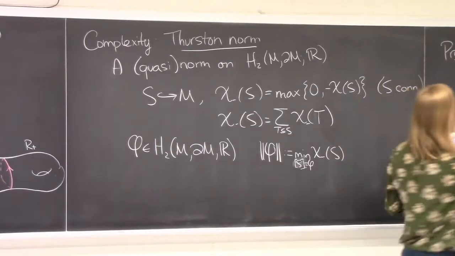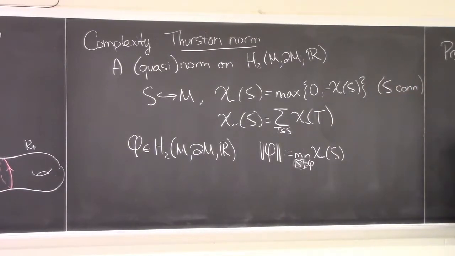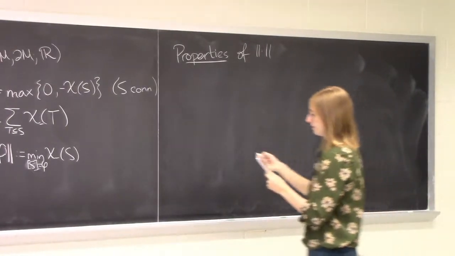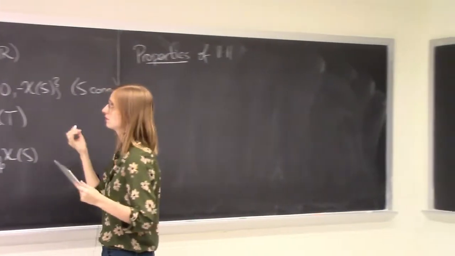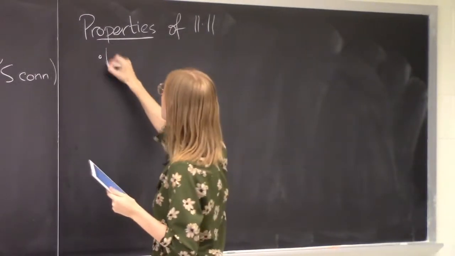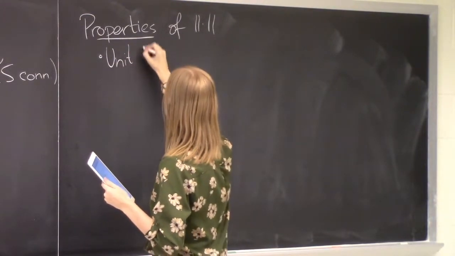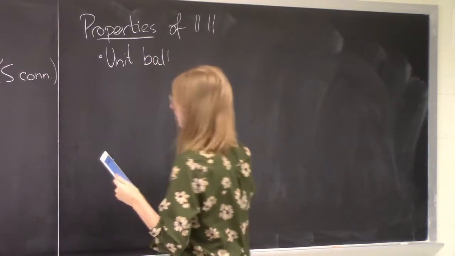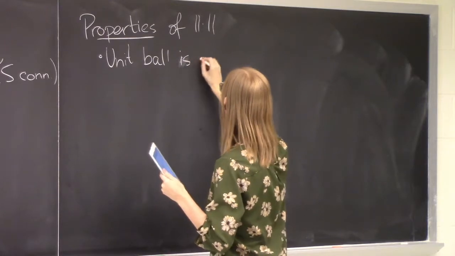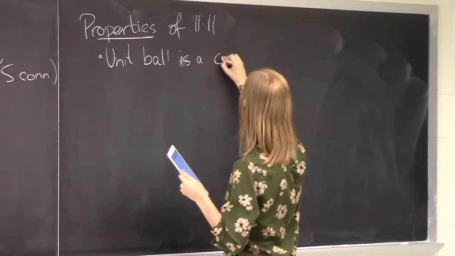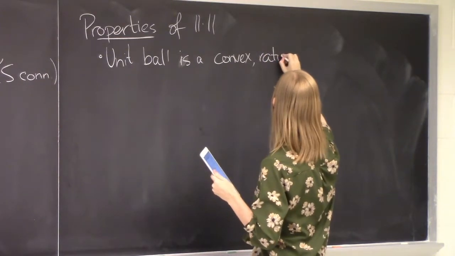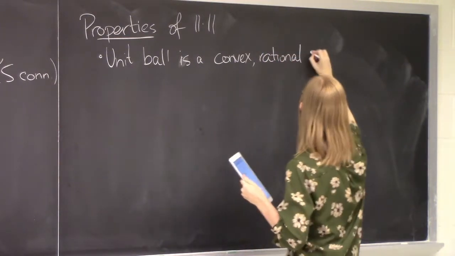So, properties of our Thurston norm. If we look at this as a norm and we look at what the unit ball of this is, the unit ball turns out to always be a convex rational polyhedron.